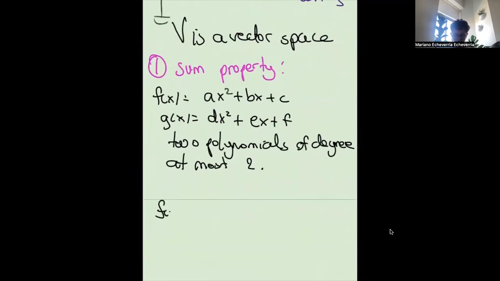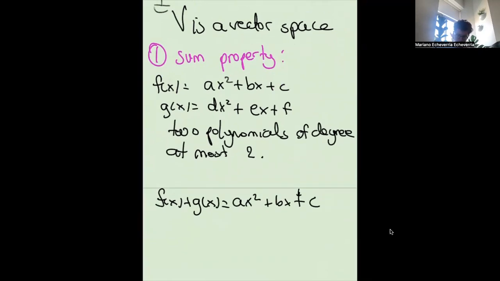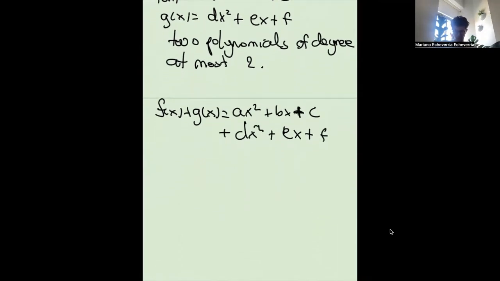And what is the sum? What is f of x plus g of x? That's ax squared plus bx plus c plus dx squared plus ex plus f. And that's a plus d times x squared, plus b plus e times x, plus c plus f.